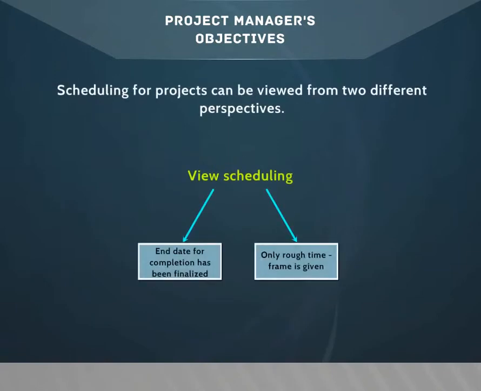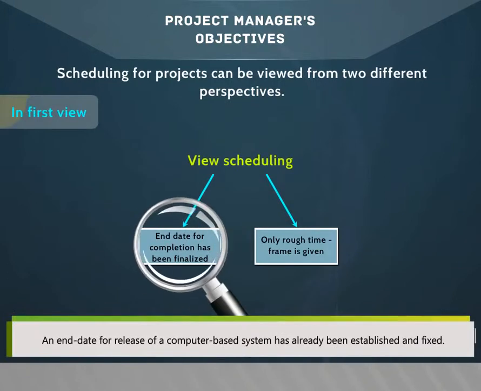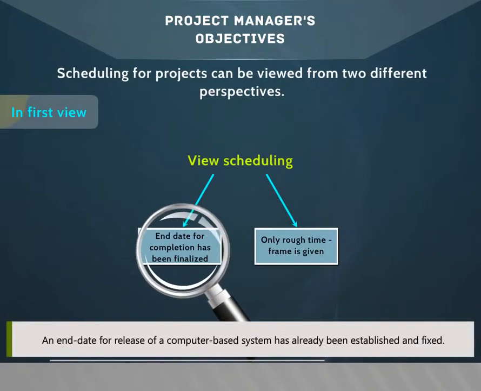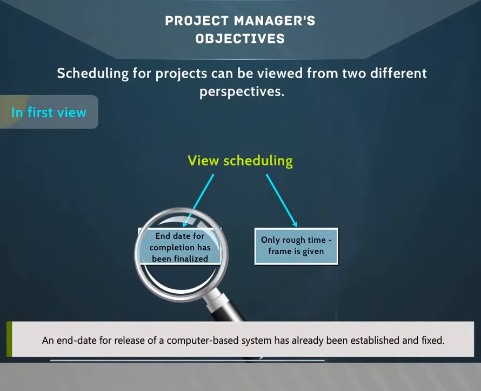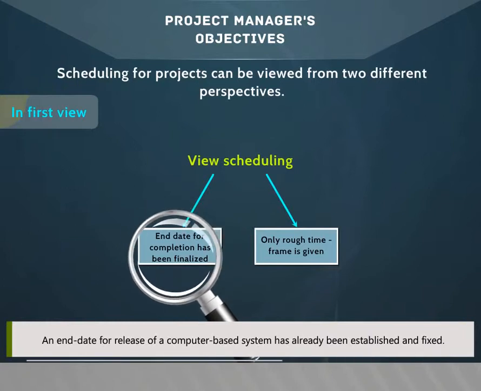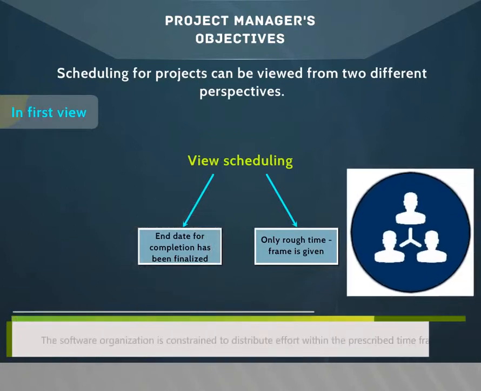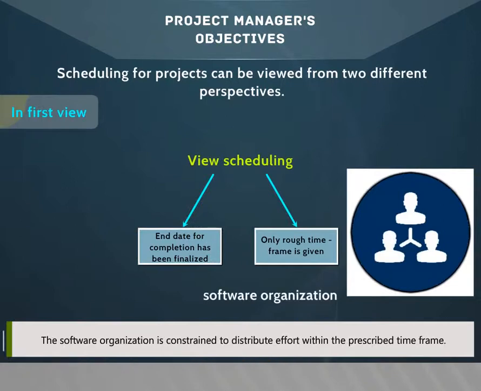Scheduling for projects can be viewed from two different perspectives. In the first view, an end date for release of a computer-based system has already been established and fixed. The software organization is constrained to distribute effort within the prescribed time frame.